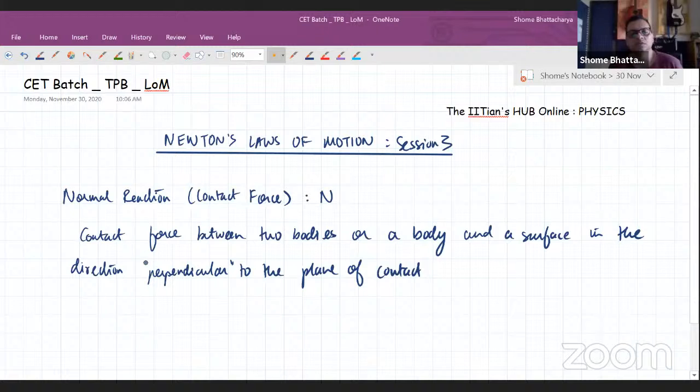Okay, so, perpendicular is the most important thing over here.